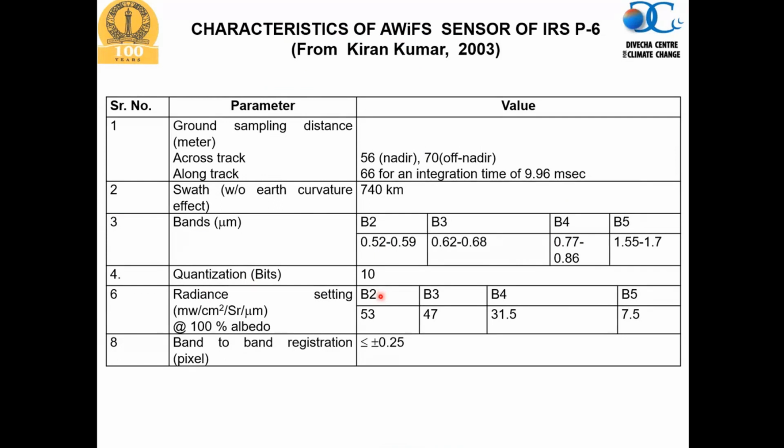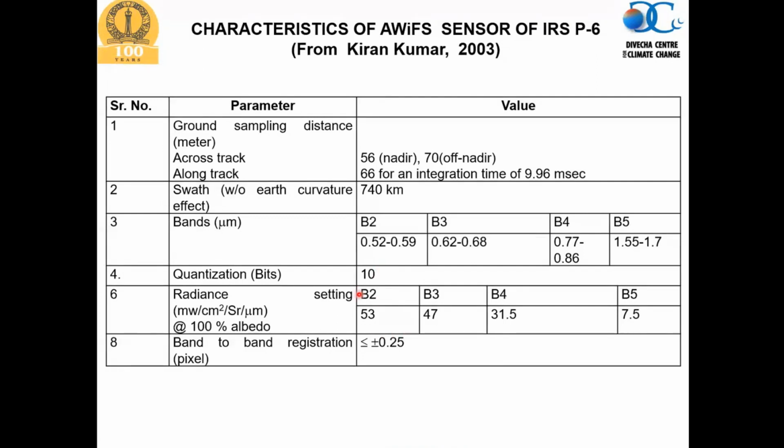Whether it is 2-bit, 3-bit, 4-bit, 5-bit or 10-bit, the incoming solar radiation it receives is split accordingly, for example into 2 raised to the power 10.